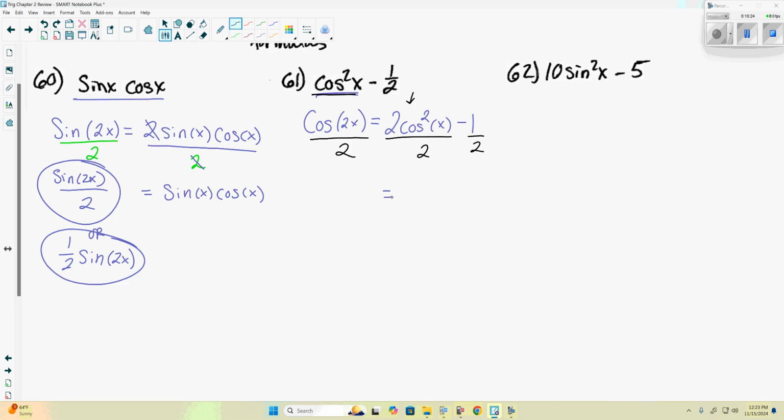Well, 2 cosine squared divided by 2 is cosine squared of x. 1 divided by 2 is a half. So in this, it's just cosine of 2x over 2, or 1/2 cosine of 2x. Because again, we're just manipulating that equation in the general form to match what was given. And what we have on the other side is our answer.